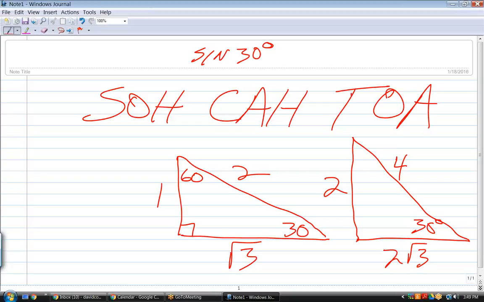Well, what's the sine of 30 degrees in this triangle, which is also a right triangle? 2 over 4. Yep. So when you do get a value for a trig function, it is always that. In other words, the sine of 30 degrees, no matter the triangle, is always 1/2.